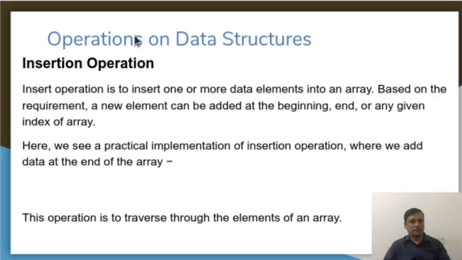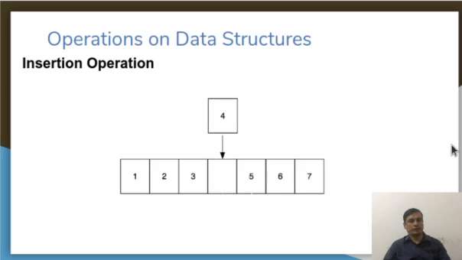The insertion operation can be done at the beginning, or at the end, or at a given specified index of an array. Insertion is just where you are going to add one or more elements into the given array. Say, here this is going to picturize how you are going to insert. The element 4 is going to be inserted into the array after the 3rd position.